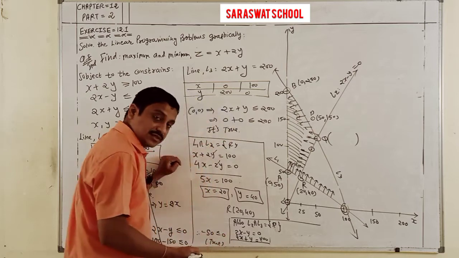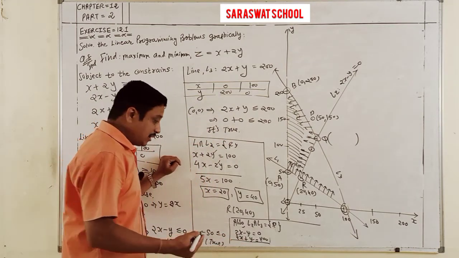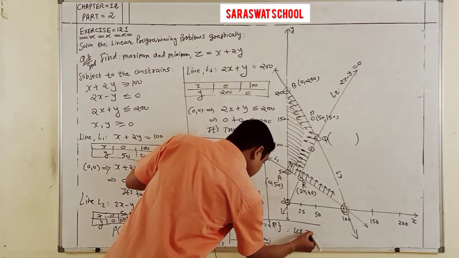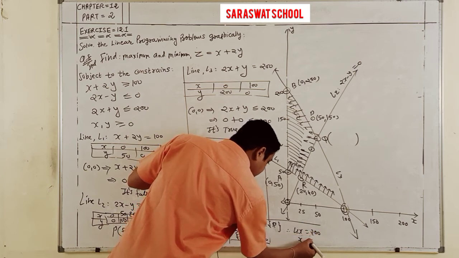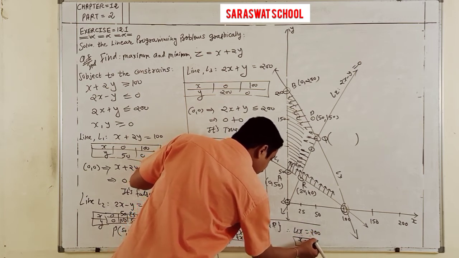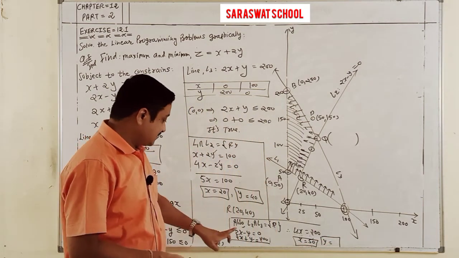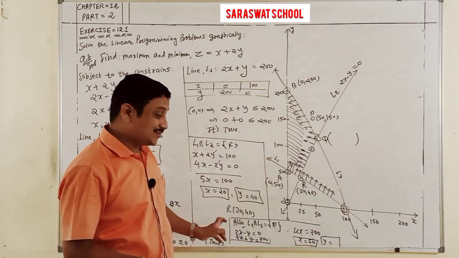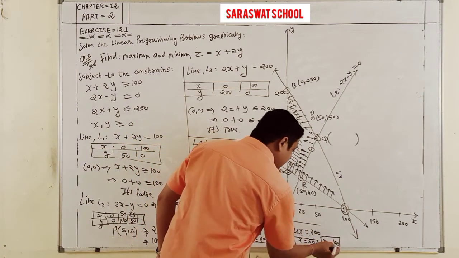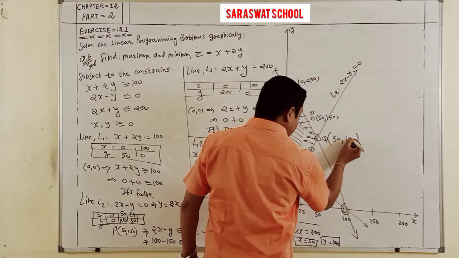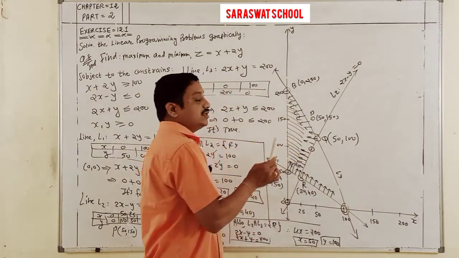So this cancels. Simple, you get 4x is 200, x becomes 50, and if x is 50, then y is 2 times 50, 100. Yes, that becomes your 50, 100 answer, students.